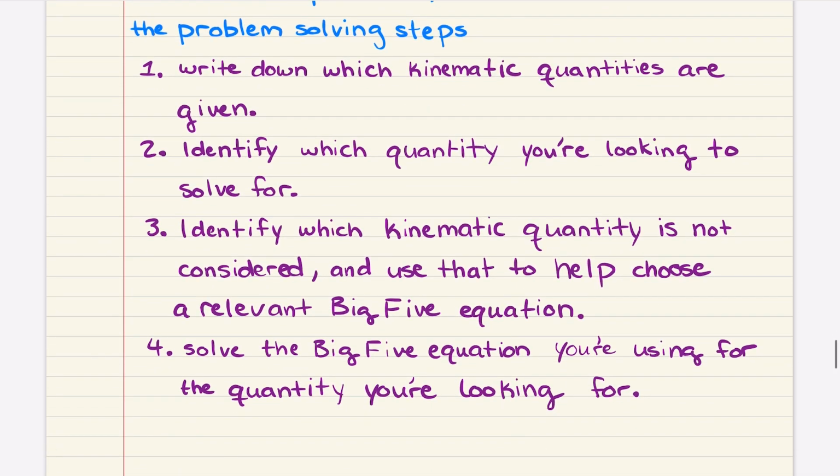For number 3, identify which kinematic quantity is not being considered and use that information to help choose the relevant big five relationship we are going to use to try to solve the problem. From there, write down that big five equation and use it. Use your algebra, use your math skills to solve for the missing variable.